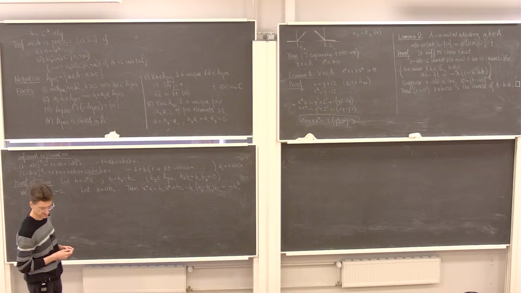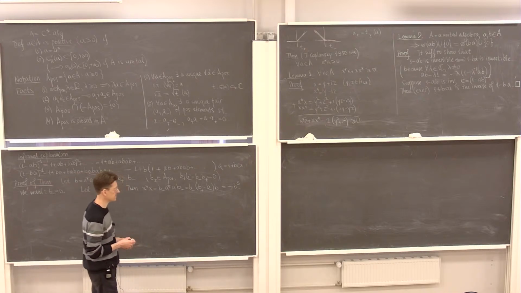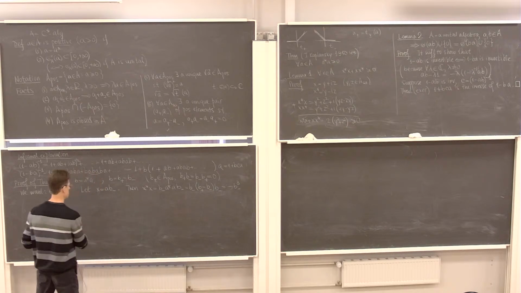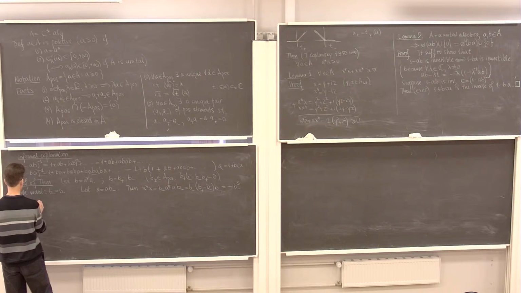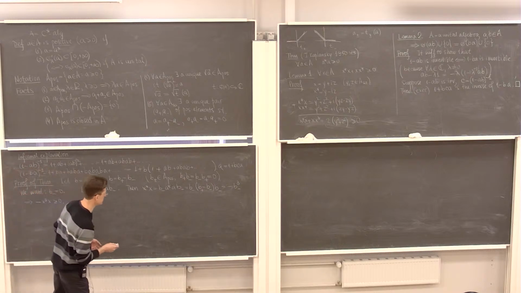B minus is positive. By the functional calculus, B minus cubed is also positive. So this calculation implies that the element minus X star X is positive, because it is equal to B minus cubed.